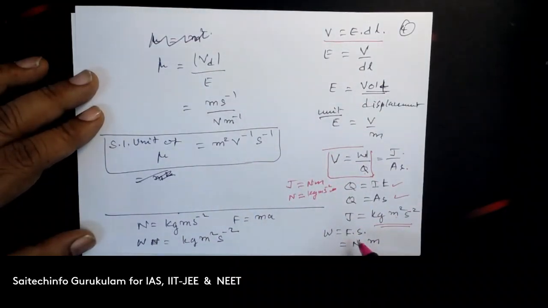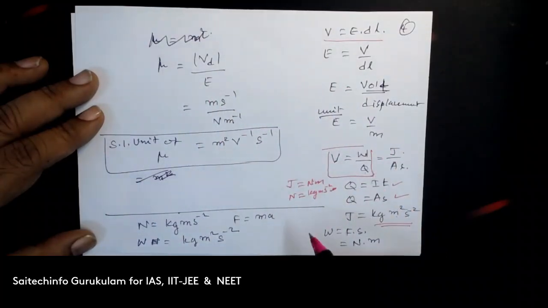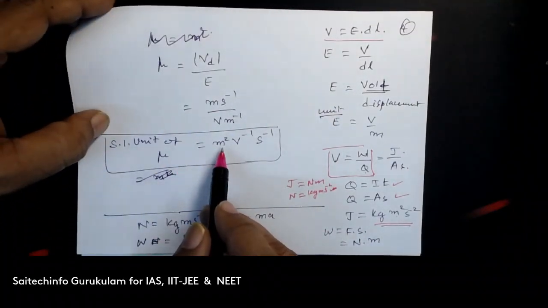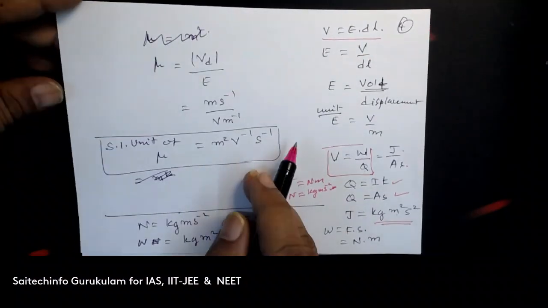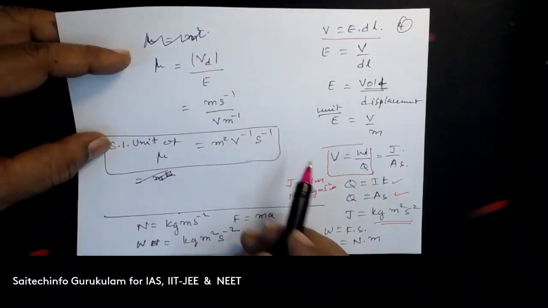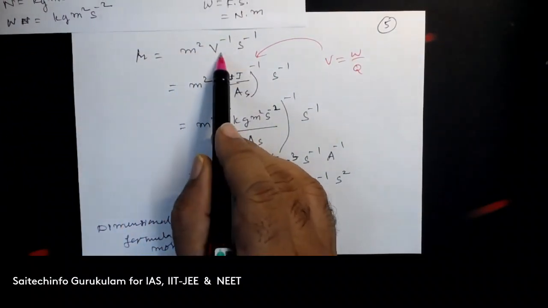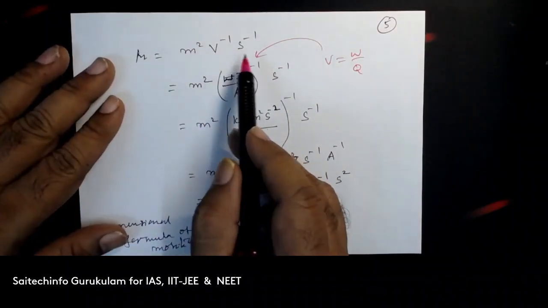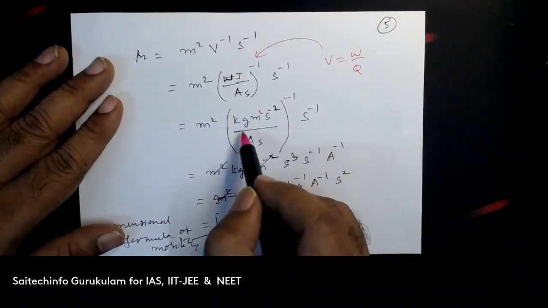Effectively we can use these equations in terms of electric field. So SI unit of this one is meter squared, we can put volt inverse second inverse. Now I am going to replace all these things. Now mu is equal to meter squared V inverse second inverse. Meter squared is equal to, we already know it is joule per ampere second, so I have replaced this.